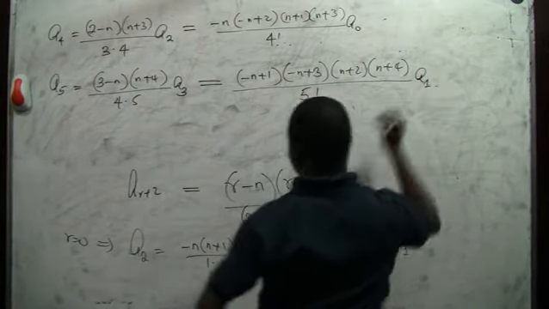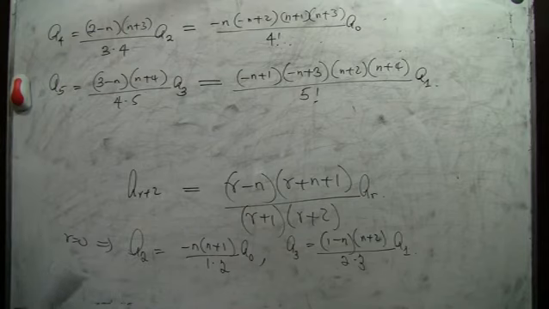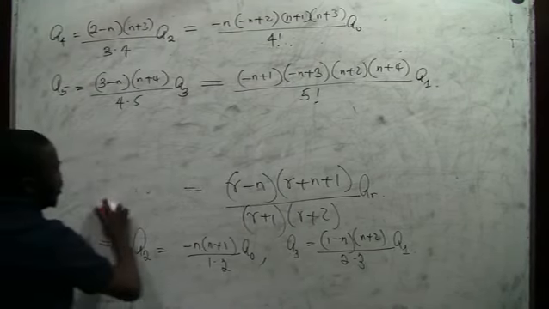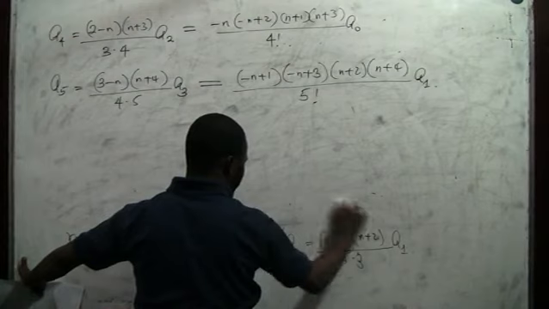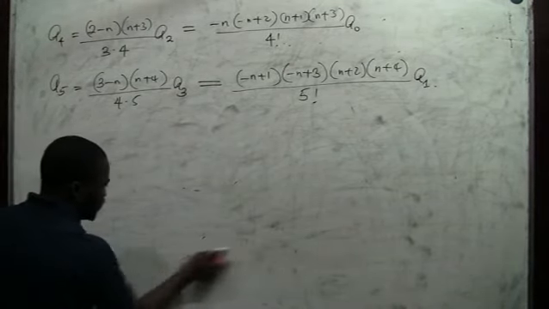Now observe that the value for individual coefficients is alternating between a0 and a1. Let's generate two more values, one value for the even and the other value for the odd, before we generalize.